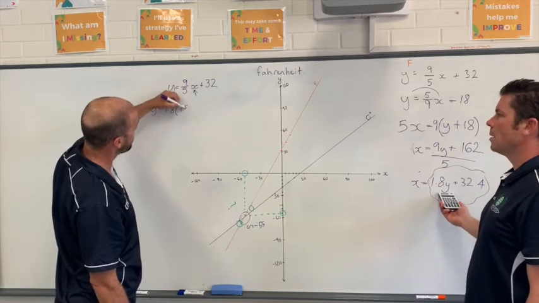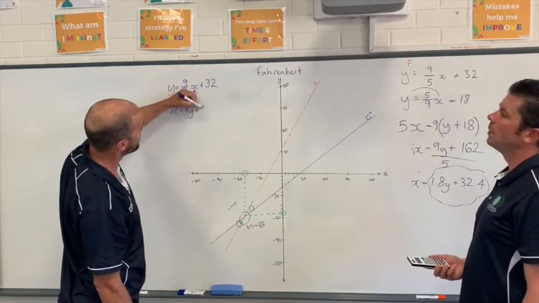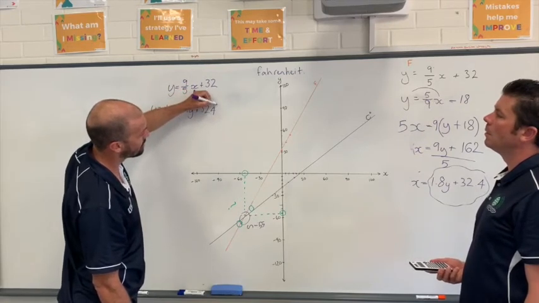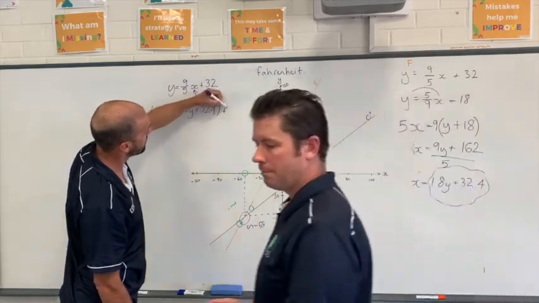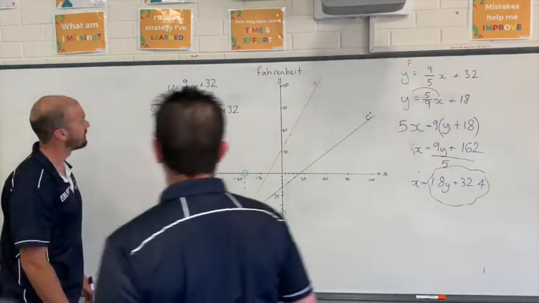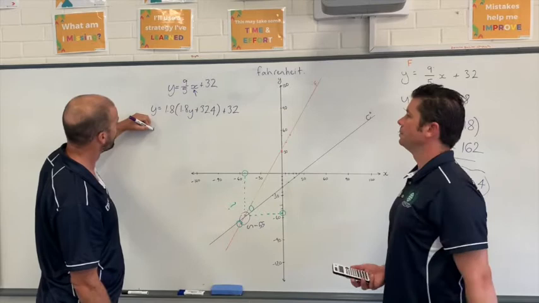Okay, 1.8y plus 32.4, close brackets, plus 32. Now, 1.8, so now we do y equals.